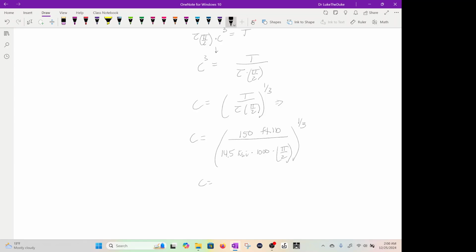Double check again. Oh, yep, good catch. I was like, why isn't this working? So look, this is 14.5 KSI, so pounds per inch squared, right?